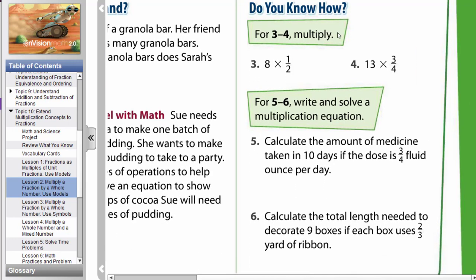In question number 3 and 4, we need to multiply the whole number by the fraction. And in question 5 and 6, we need to write and solve multiplication equation.